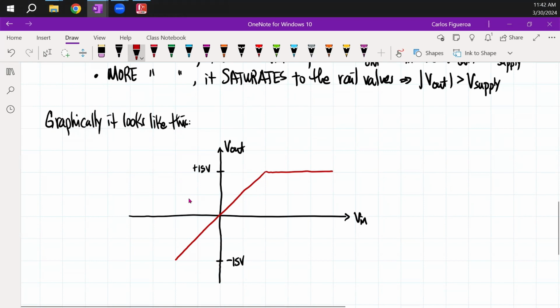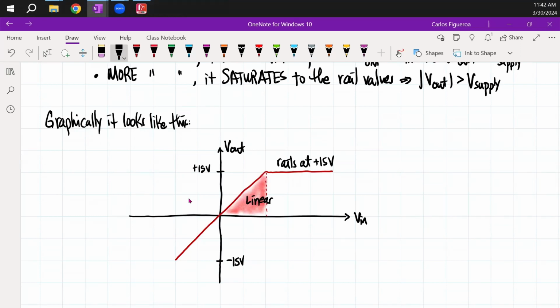So at this point right here, this is the linear behavior of the op amp. If it's in here, then it's linear. But if you try to exceed it, it rails at positive 15 volts.